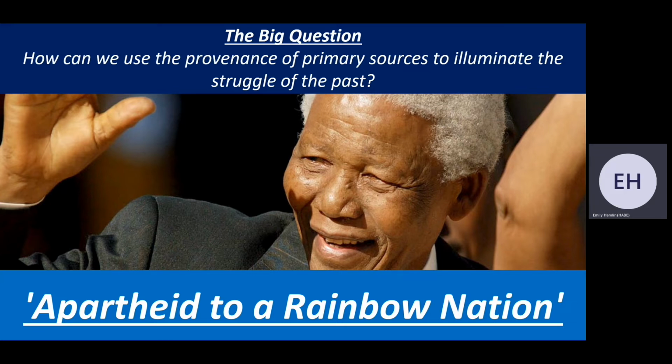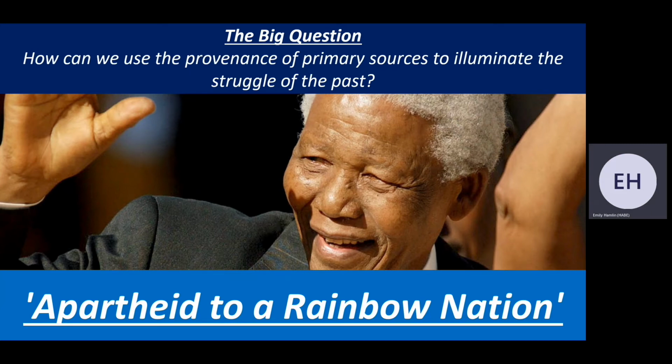So, South African history is something that surprisingly I always find when I get my new Key Stage 5 class, that actually few students have had the opportunity to really study, and it is extremely interesting, incredible, awful.